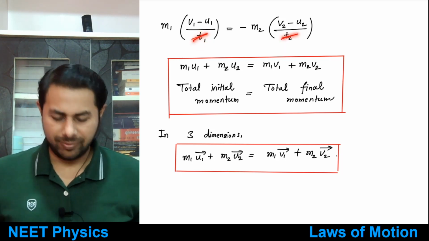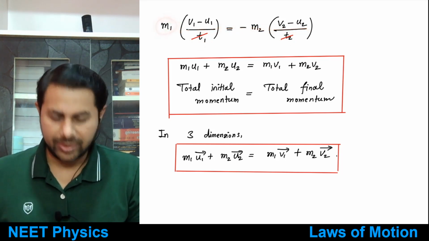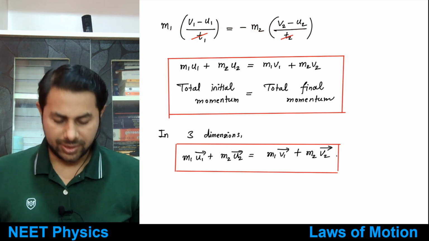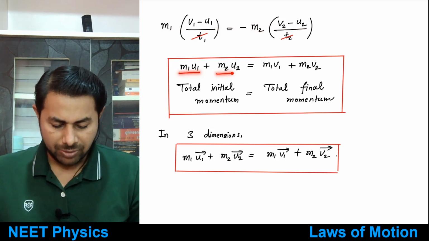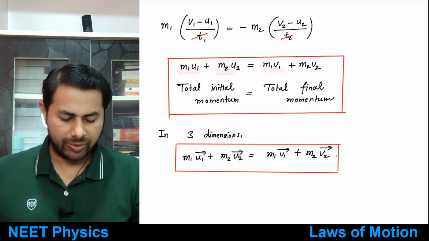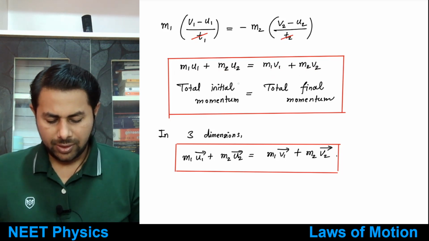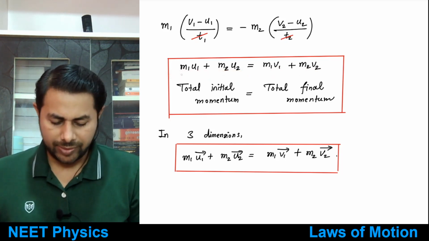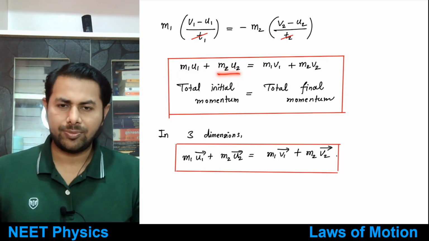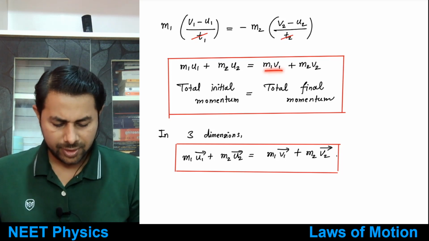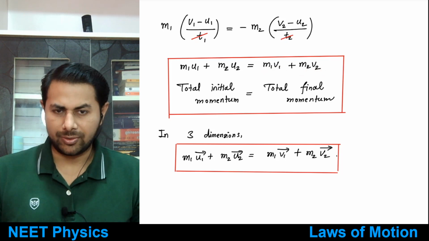You can cancel it out, multiply with m1 and m2, and rearrange the terms. What you get is m1 u1 plus m2 u2 is equal to m1 v1 plus m2 v2. So what is this? This is the momentum of the first ball before collision, the momentum of the second ball before collision, the momentum of the first ball after collision, and the momentum of the second ball after collision.